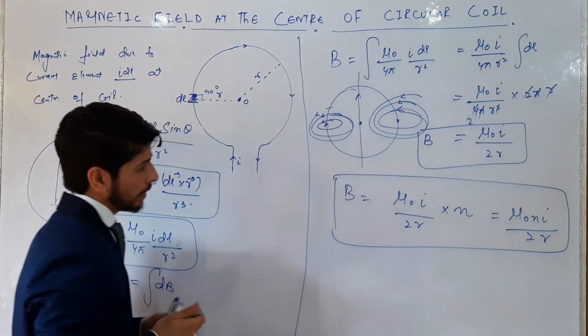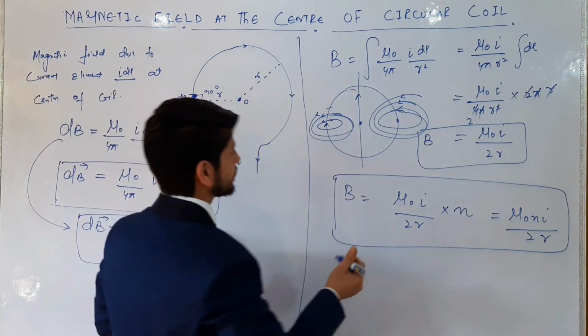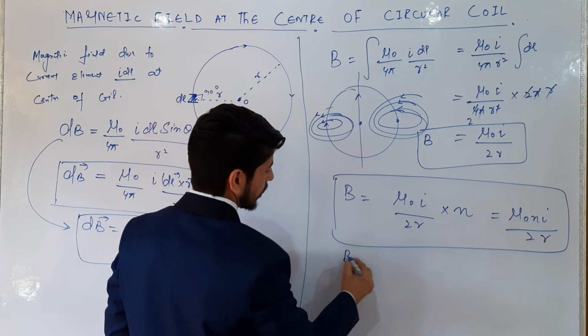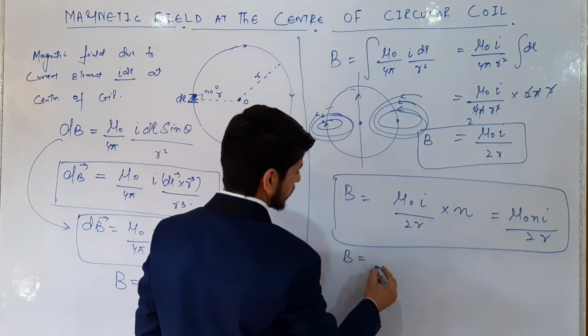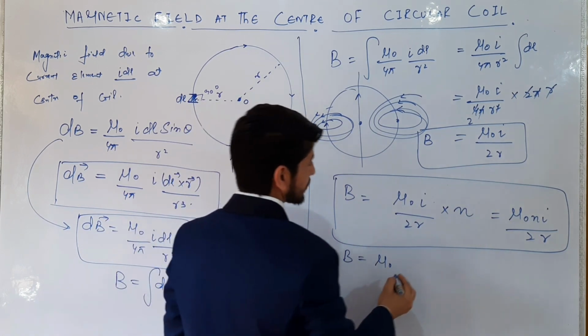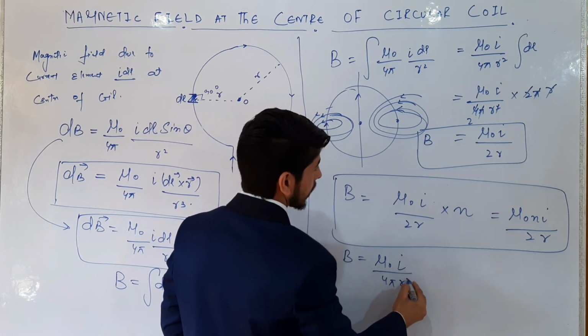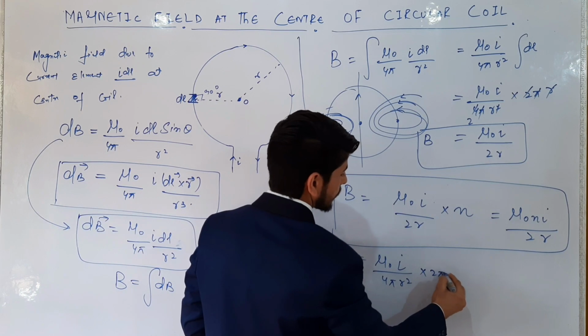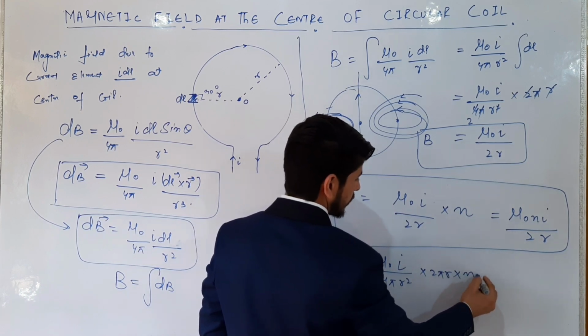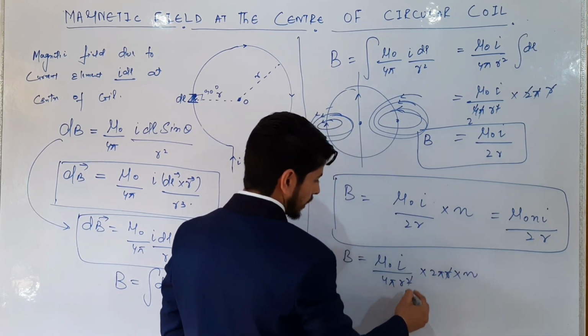Is that clear? We can also write this expression for magnetic field B. We can calculate here as mu naught I upon 4 pi r square into 2 pi r. For n number of turns, it will be small n. One r will cancel out.